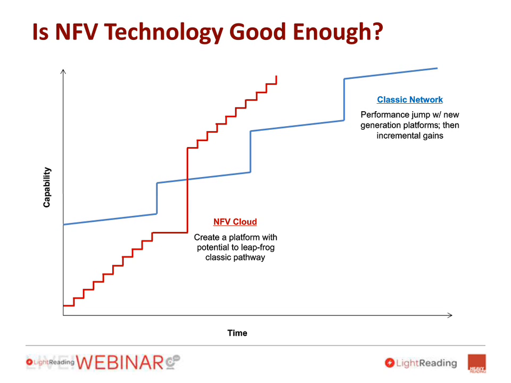I think it's worth pointing out that the performance of the classic solutions continues to improve. In a mobile core context, some of the platforms are old and legacy, but many of them, particularly in EPC, are very new and high performance.